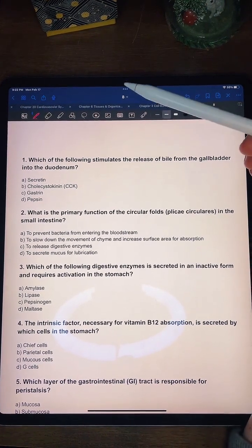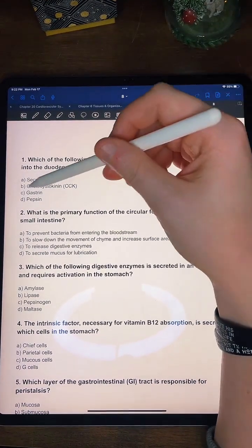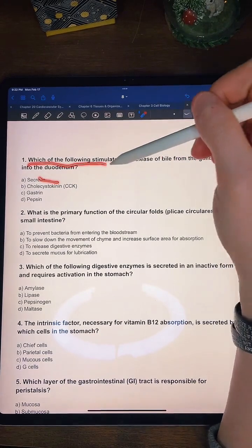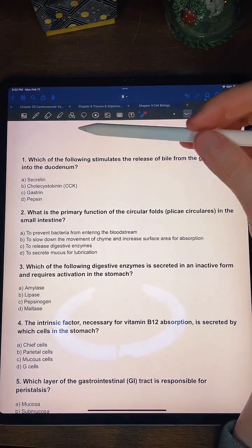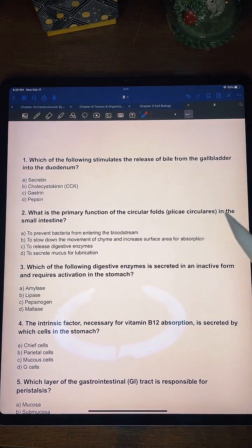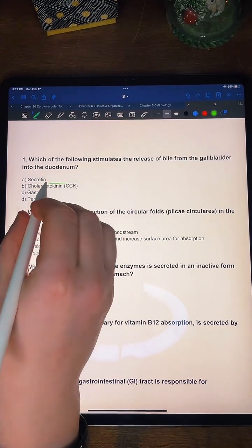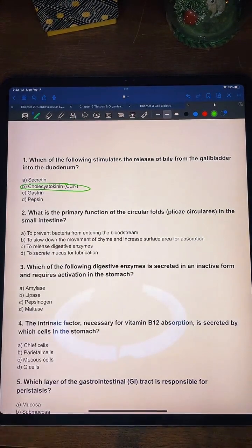Alrighty. Do we have these in here? Did everyone answer the question? Which of the following stimulates the release of bile from the gallbladder into the duodenum? Yeah. So the answer is CCK. All right, and then let's move on here.